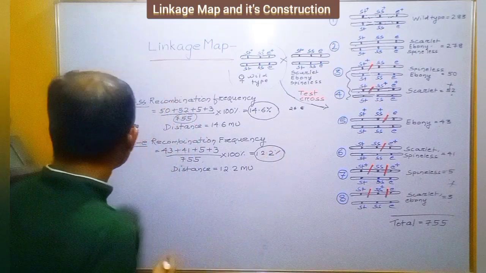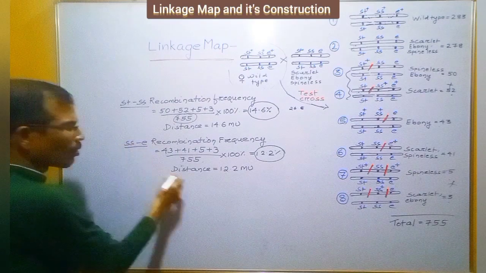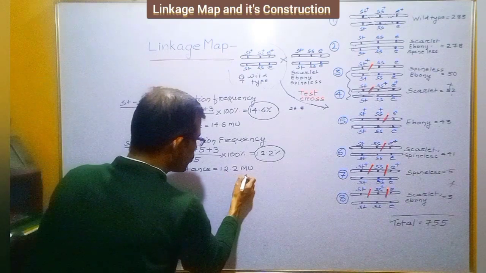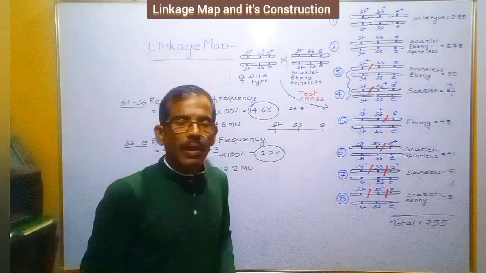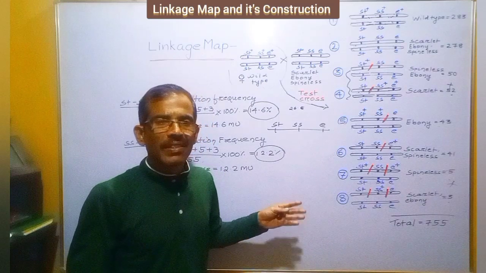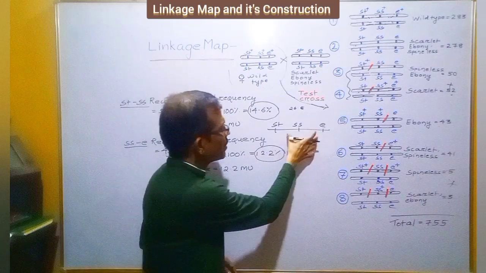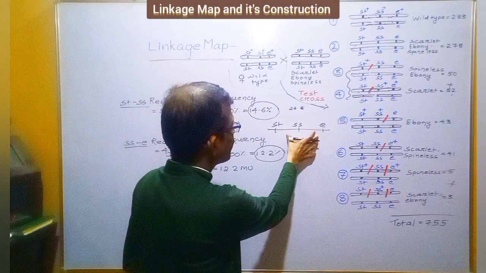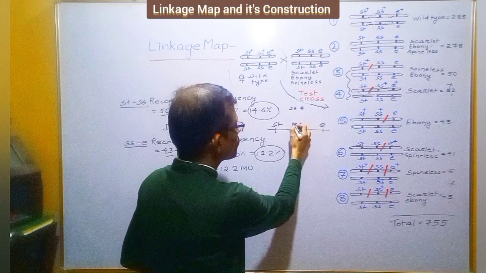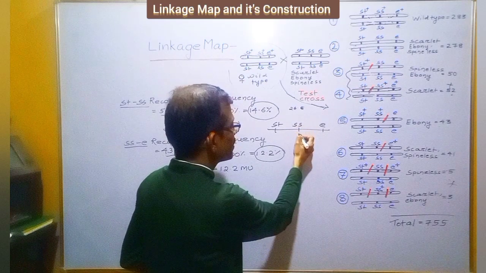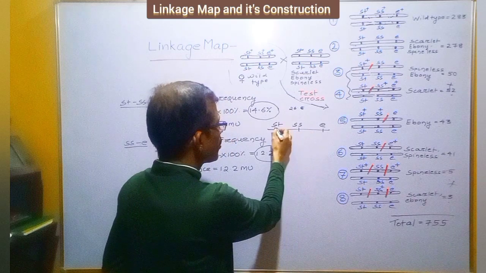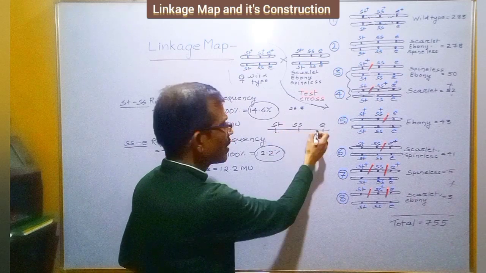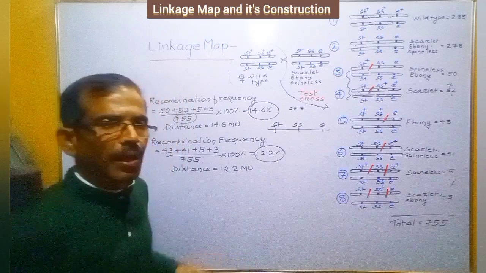So the distance between SS and E locus is 12.2 map units. Now we can prepare the complete genetic map. This is the complete genetic map in which the locus for bristle is at the center, and this is the locus for eye color, and that is the locus for body color.